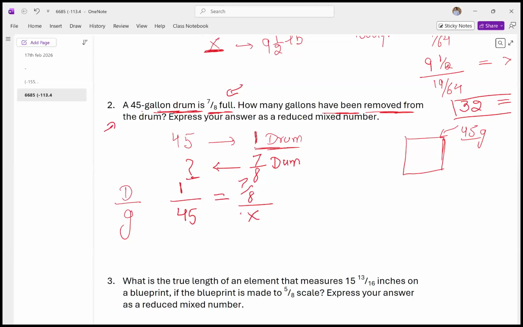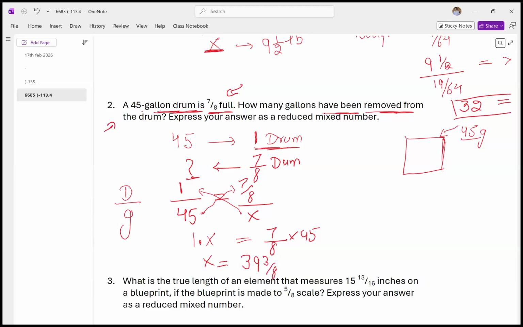Now this x is going to go on this side, and this 45 is going to go on this side. So 1 times x is equal to x. So 7/8 multiplied by 45. So the x value will come out to be, not 5, if I do the calculation, 39 3/8.